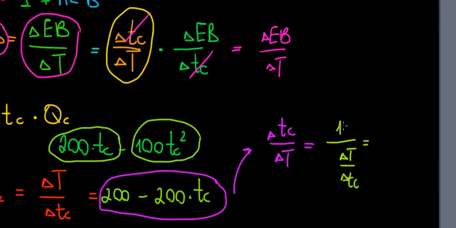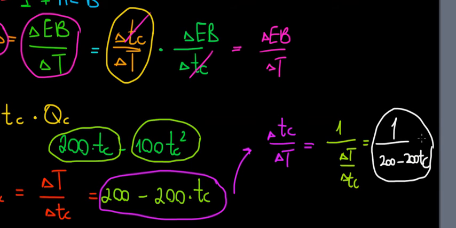So that equals 1 over 200 minus 200 TC. So we found one thing. This is the first effect in all our calculation. The second effect is to understand how we get to the change in excess burden due to this change in taxes, and we'll do so in the next video.